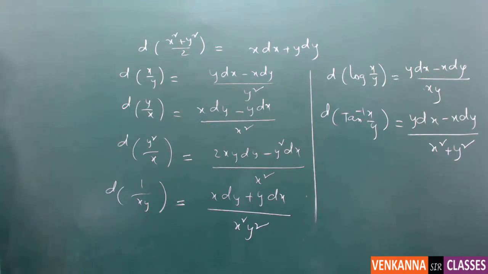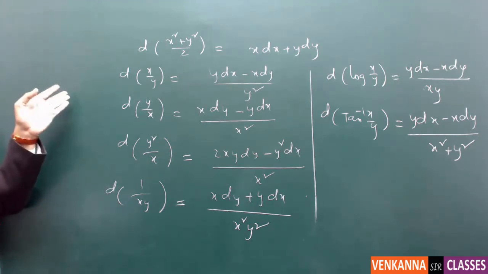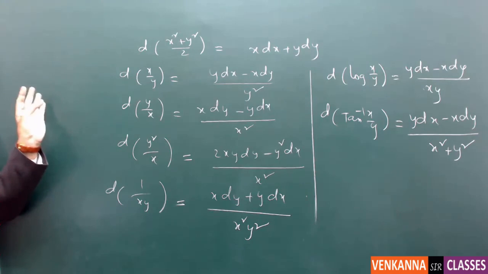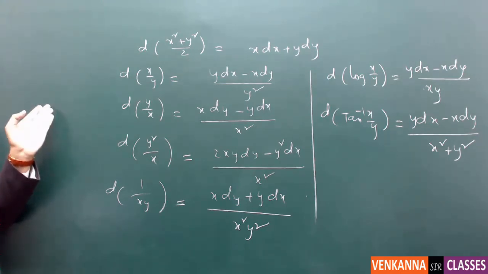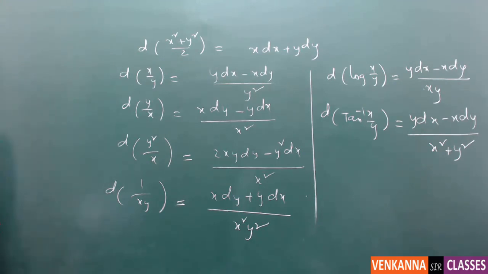Understand one thing: I have written some of the functions and their corresponding derivatives. These are not fixed. You can have many functions whose derivatives are known to you. Whenever the given equation contains these terms, we are going to make use of the corresponding formula, right? Is the logic clear to everyone? After noting, please inform.